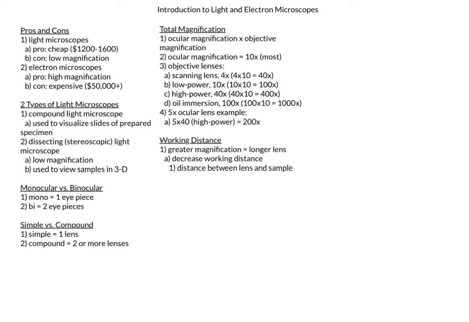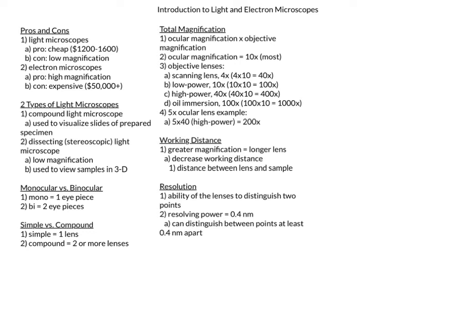Another consideration with light microscopes is the resolution. Resolution refers to the ability of the lenses to distinguish 2 points. If a microscope has a resolving power of 0.4 nanometers, it can distinguish between points at least 0.4 nanometers apart, but anything less than that would appear blurry. Generally, shorter wavelengths of light provide the greater resolution.